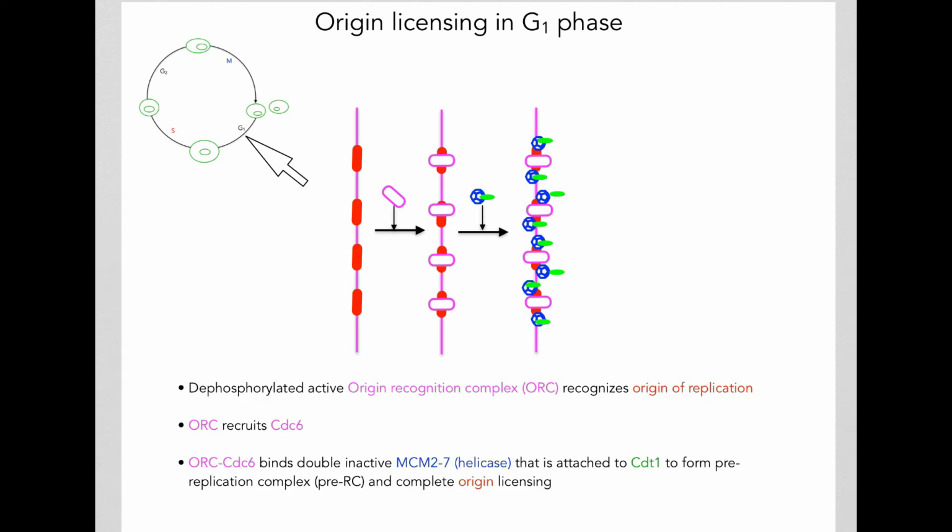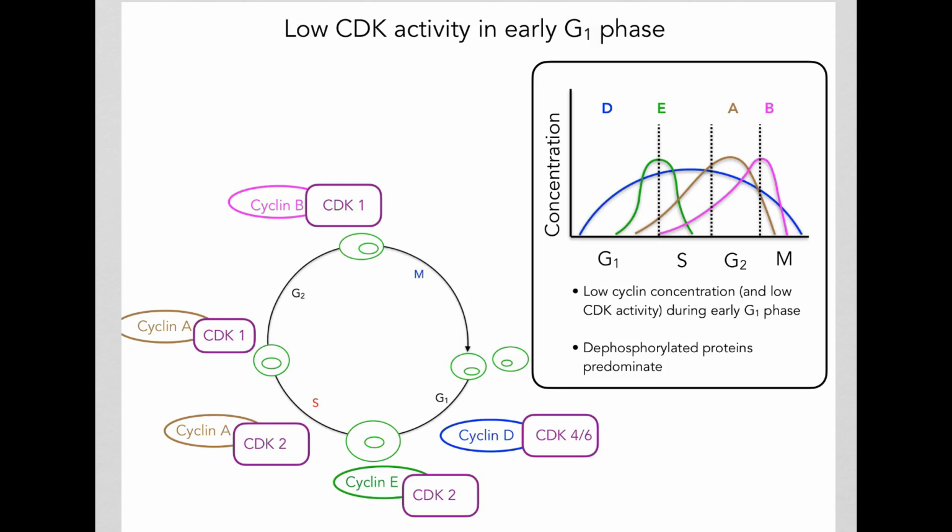Now, origin licensing occurs only in the G1 phase. As the cell cycle proceeds from G1 to S and the other phases, we can see various cyclins increasing in concentration.